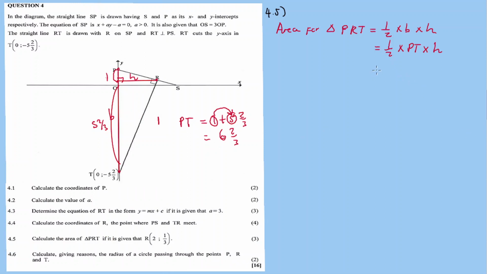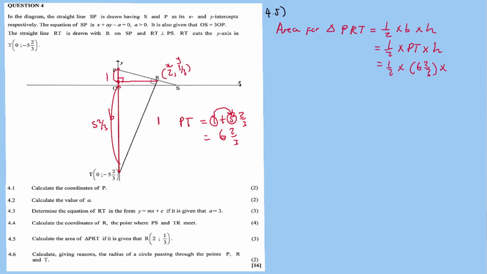So therefore we substitute together. It's 1 over 2 times PT, 6 2 over 3, times the height. I need the height from here to here. What are the coordinates for R? It's 2 and 1 over 3. This is x, this is y.